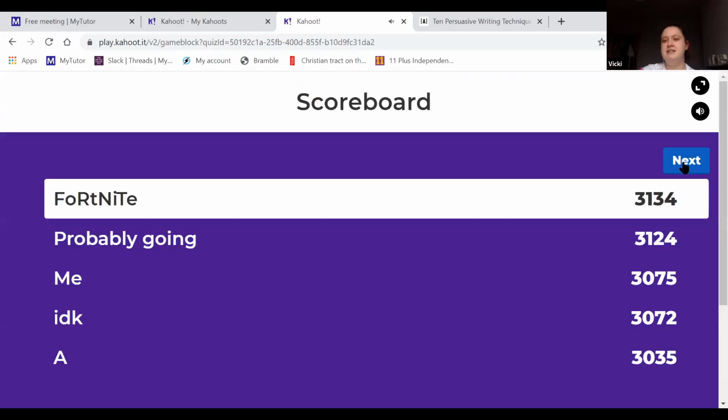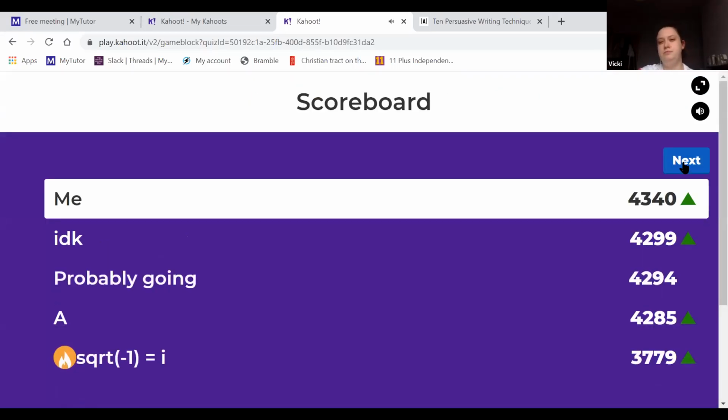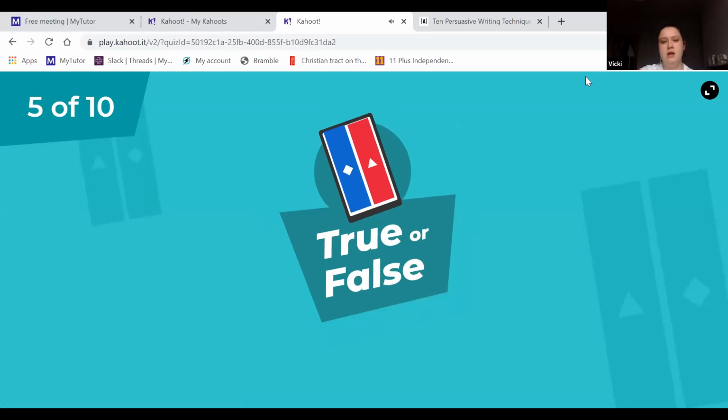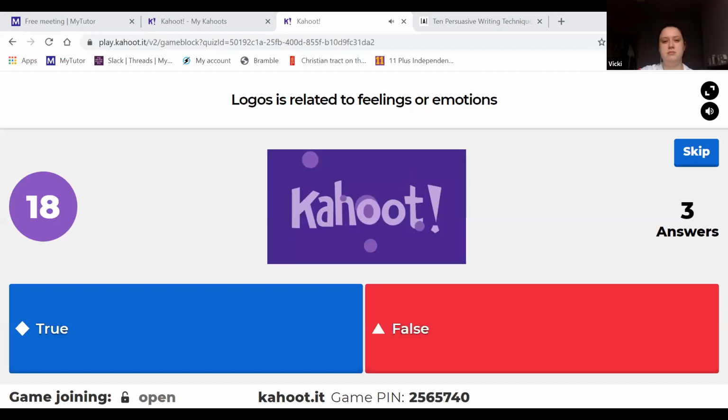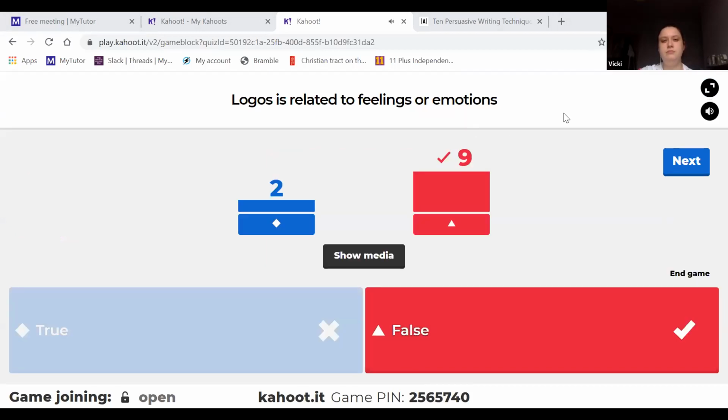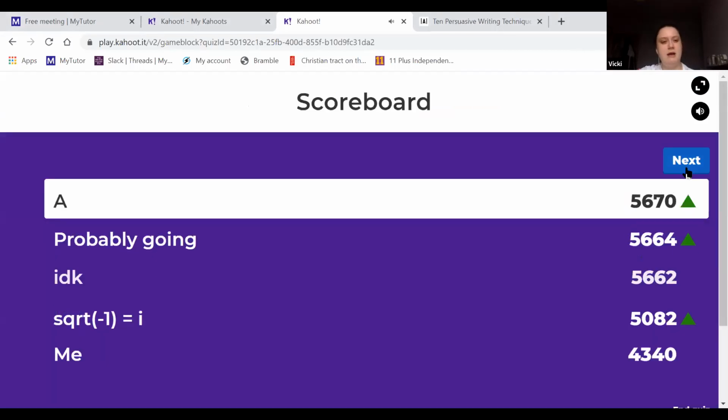Fabulous, yeah, so a statistic, something that is provable. Logos is related to emotions or feelings, true or false? Fabulous, yeah, so it's pathos that's related to that. So think empathy, sympathy.